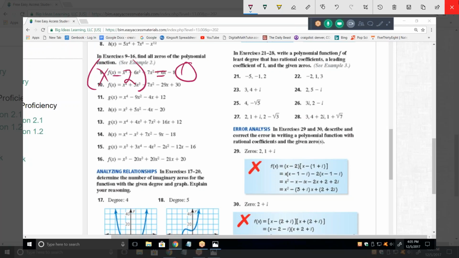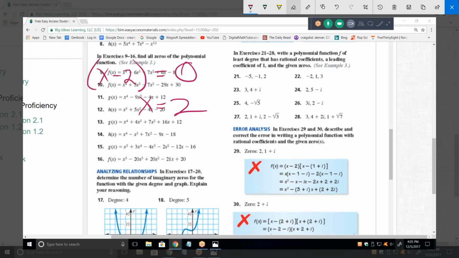If I tell you this is true, what are the zeros? Over here on the left, if x minus 2 equals 0, what is x equal to? 2.